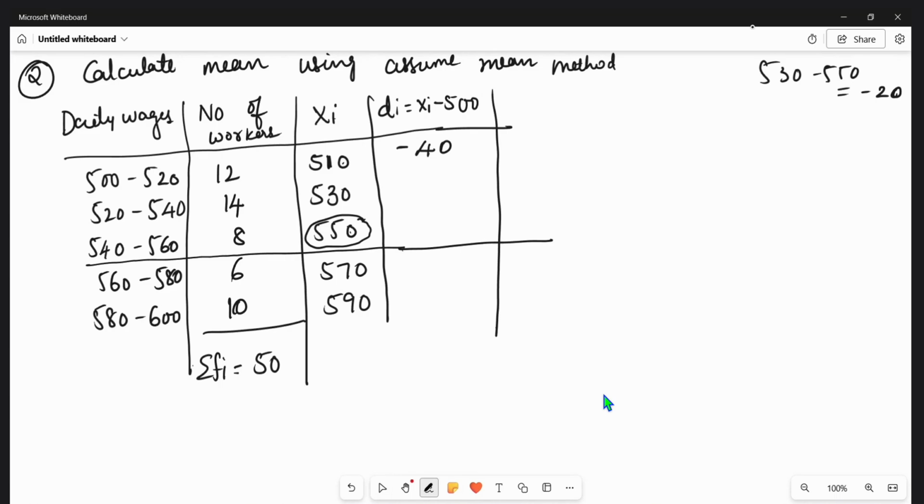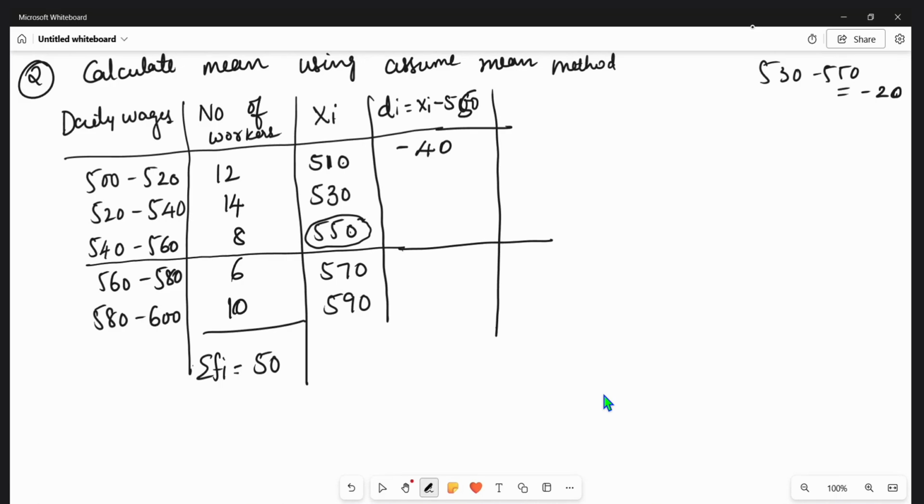See, I have taken 550 as the assumed mean. Now we have to do the subtraction. 510 minus 550. So what will be the answer? Minus 40. You can take any one.